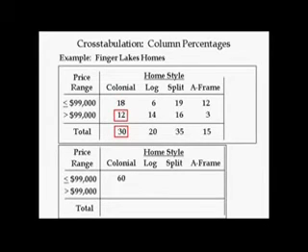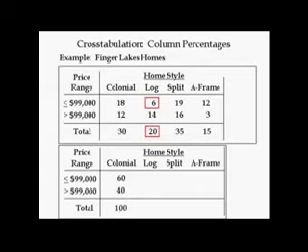The next column percentage in the first column is found by dividing 12 by 30. The resulting value can be interpreted as the probability of a randomly chosen home being priced at more than $99,000 given it's colonial, which is equal to 40%. The first column of column percentages is a frequency distribution, and their sum is 100.